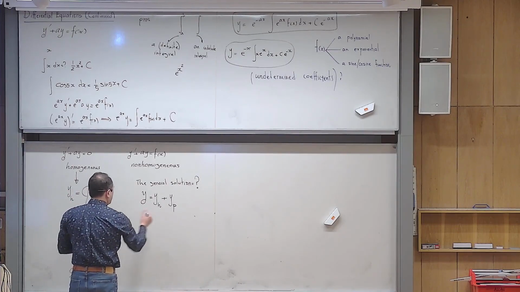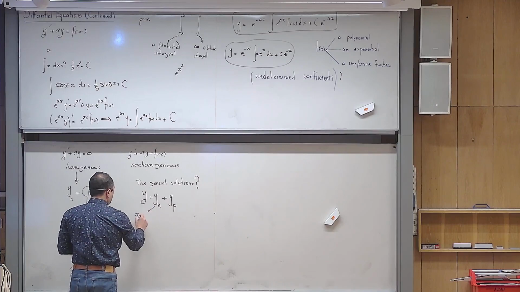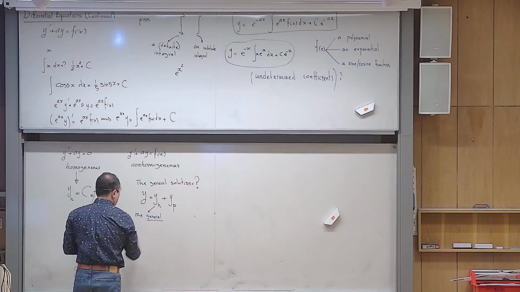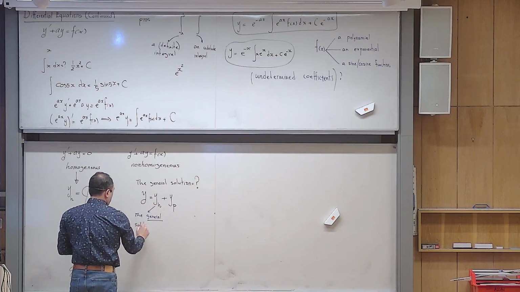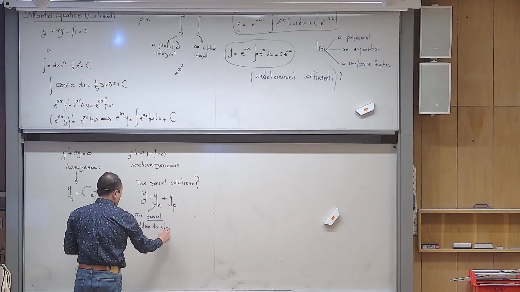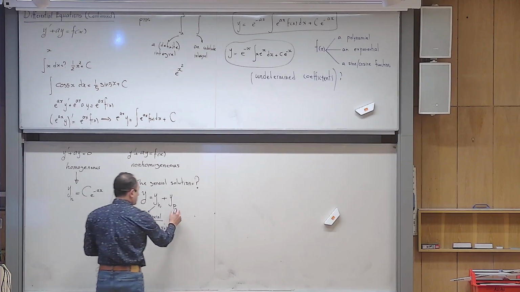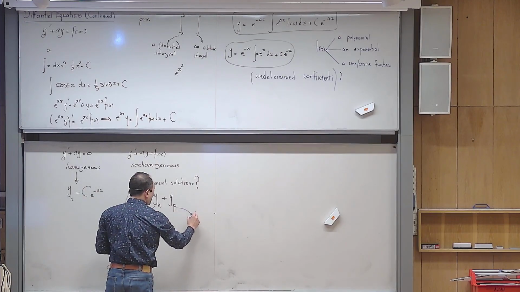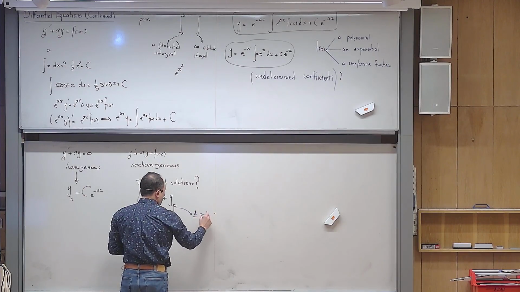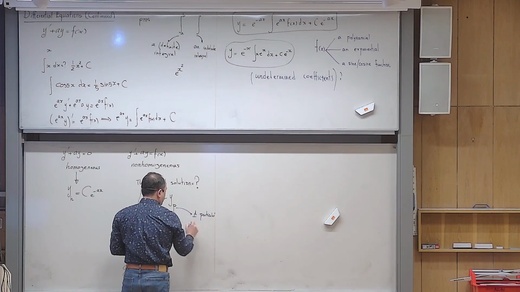This is exactly the general solution to y prime plus a y equals 0. This is a particular, let me emphasize, a particular solution to y prime plus a y equals f of x.